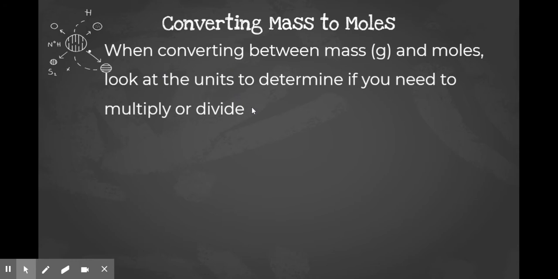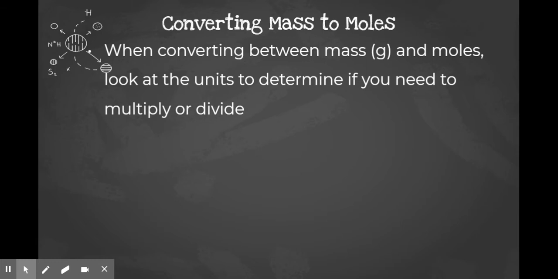So when we're doing this between grams and moles, converting, the next thing you need to do after you figure out the molar mass is you need to look at the units you have to determine if you need to multiply or divide. Right? Just like with our dollars. Remember when I said I had $7? How many quarters is that? I multiplied 7 times 4 to get 28.